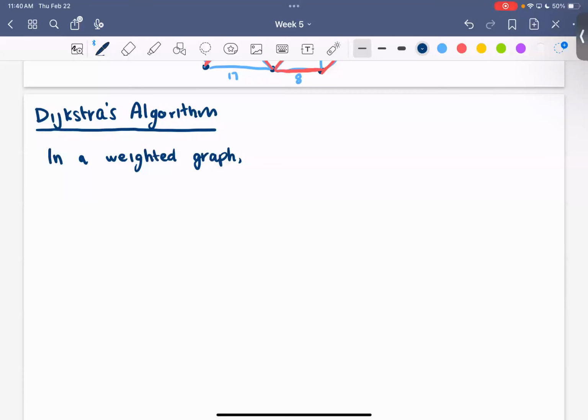We'll say that the distance between two vertices U and Z used to be the length of a shortest path between them, but now I'm going to say that this is the minimum over UZ paths of the sum of the edge weights in that path.